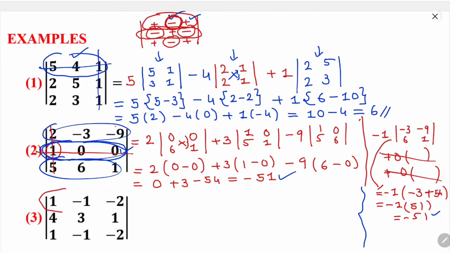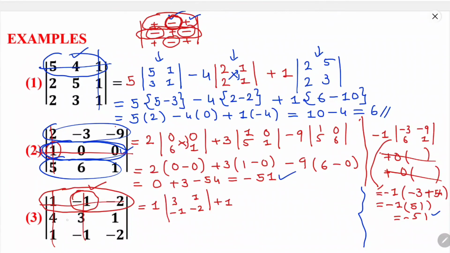Okay, one more example. We are going to expand this using the first row. 1, hide 1, what we see here, 3 minus 1, 1 minus 2, right? 3 minus 1, then minus, but here minus is given, so we have to change the sign of this element, so plus 1, right?